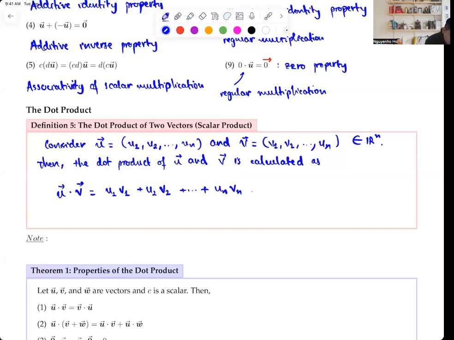For short, this is equal to the summation of u sub i times v sub i, for i going from 1 to n.